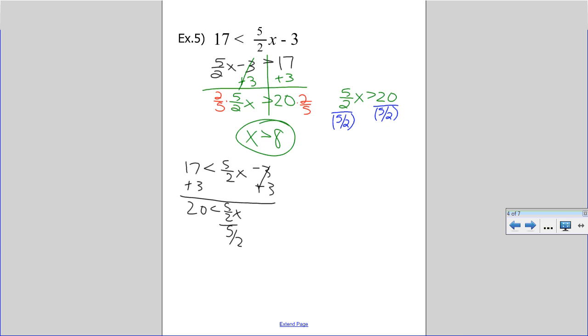Divide by 5 halves. You put parentheses, correct? So you got 8 is less than x. Is yours still pointing at the 8 like mine is? He didn't flip it. So how did you flip? You somehow flipped your inequality in here, Austin, and we're not flipping our inequality because this is a positive 5 halves. I'm going to guess that you accidentally flipped your inequality in there somewhere.